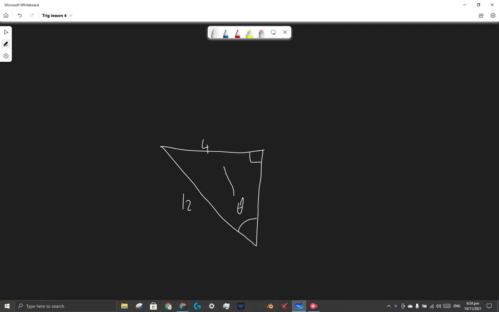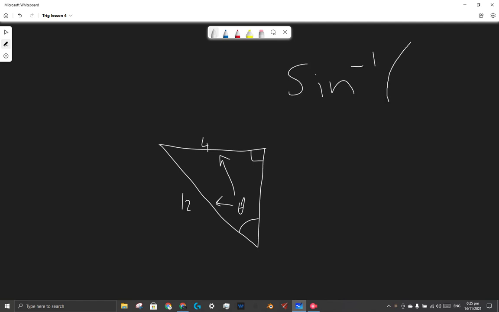Okay, so first of all, once again, it's just about labeling the triangle. So as you can see, we have the opposite, and we have the hypotenuse, because it's opposite to the 90 degrees. So opposite and hypotenuse means we use sine to the negative first, in brackets, 4/12.